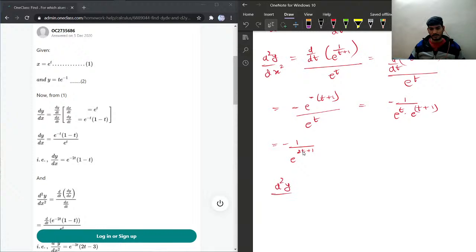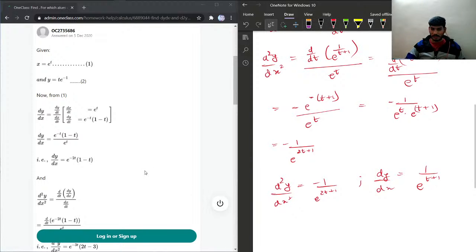D square y over dx square is minus 1 over e power 2t plus 1, and dy by dx is 1 over e power t plus 1.